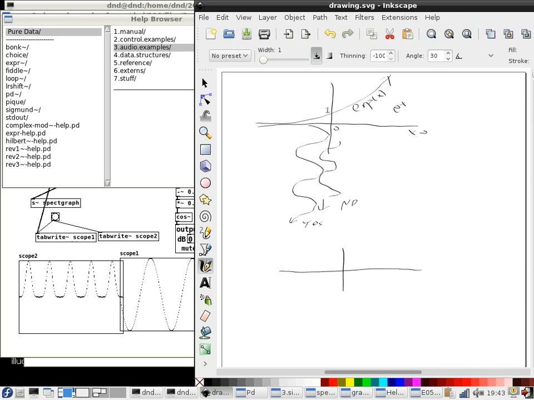Okay. So saturation is just taking a sound and putting it through a function that either could be just a bunch of line segments like that, or alternatively could be a function which is rounded. Like that. And both of these things just go forever.